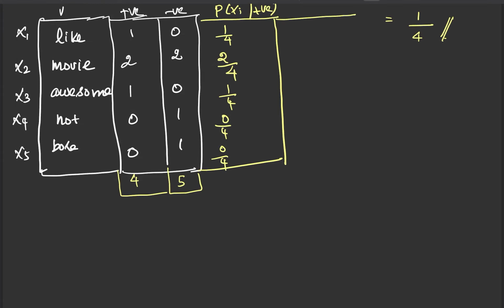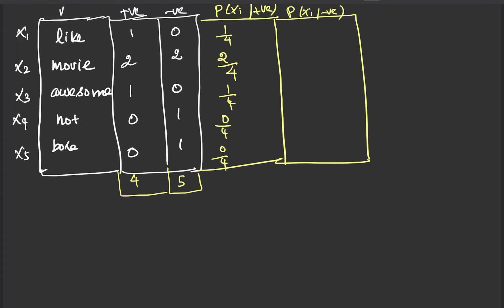Similarly, we calculate P of xi for the negative class. When I calculate this one, what do I get? Next one is for the negative class, do the same calculation.